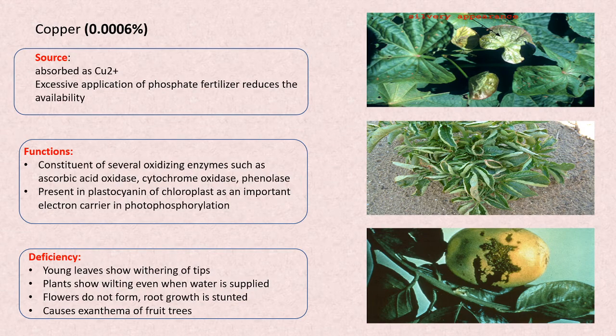The deficiency symptoms are young leaves showing withering of tips, plants showing wilting even when water is supplied, flowers not forming, and root growth being stunted. It causes exanthema of fruit trees, where gum exudates accompanied by dieback and glossy brown blotches on the fruits can be observed. This is regarding copper.